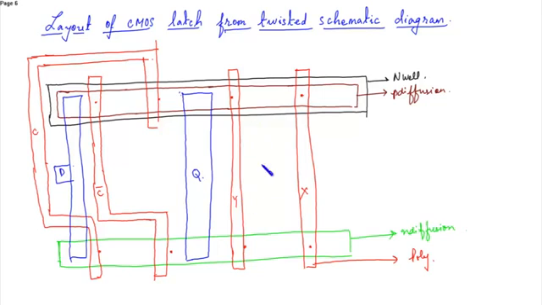This is Q, this is Y, the output of Y, and here we'll get the output of X. The output of X inverter, that is X bar, is nothing but Y. So connect from here to here.